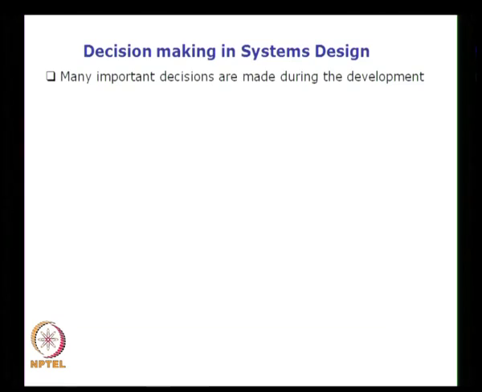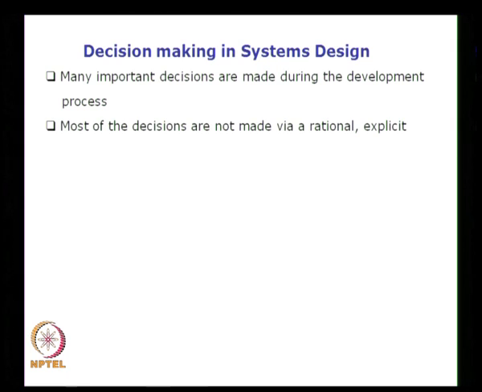So all those are decisions to be taken by the design engineers. In this decision making, we need to make a lot of important decisions, and most of the decisions are not made by a rational or explicit process. So you can see that not always we can have a rational or an explicit process for decision making.